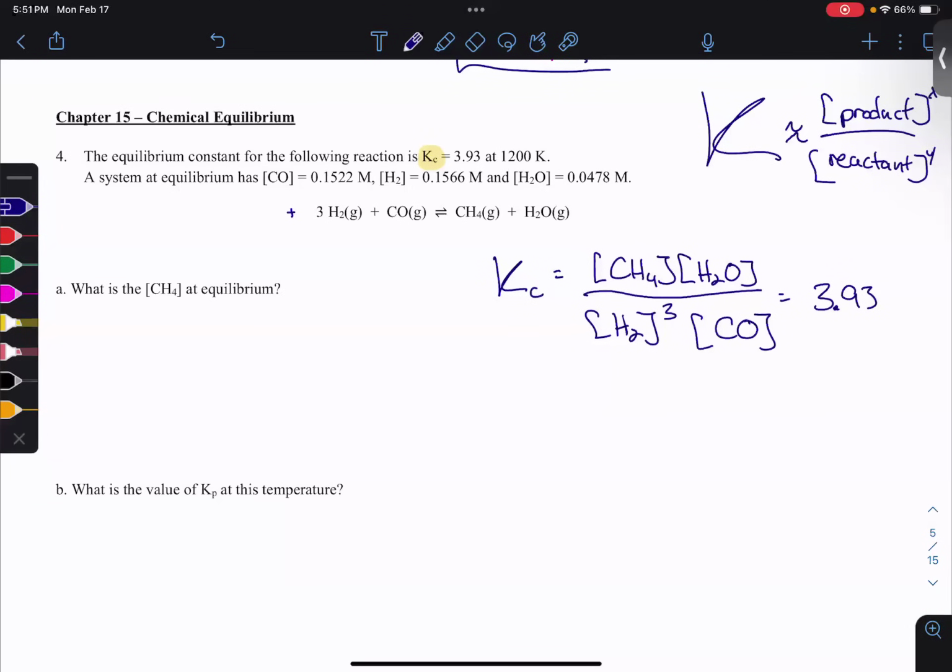All right, so I tell you a bunch of information. I tell you we have a system at equilibrium. Here are a bunch of concentrations, and I ask you what is the methane, CH4 concentration at equilibrium. A common question in chapter 15 is, when do I have to use an ICE table and when do I not? So let me ask you, what does ICE stand for?